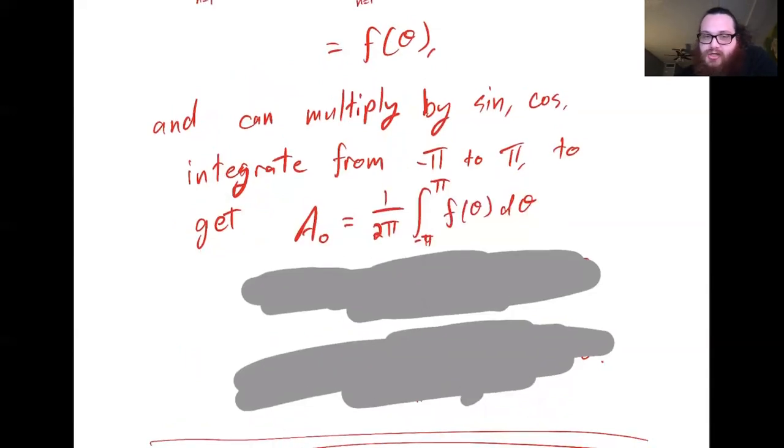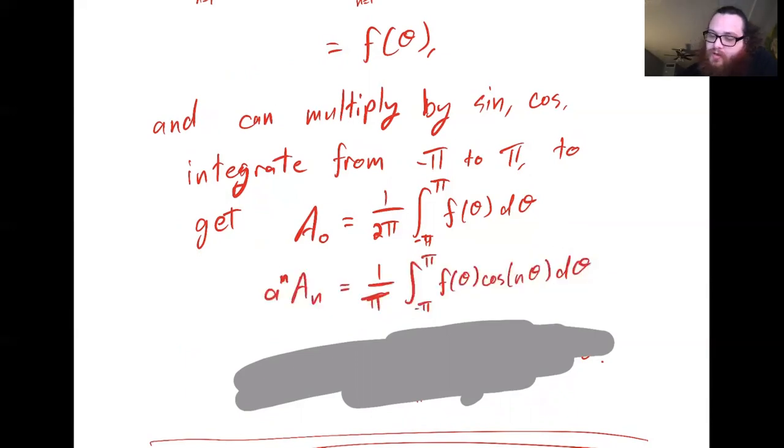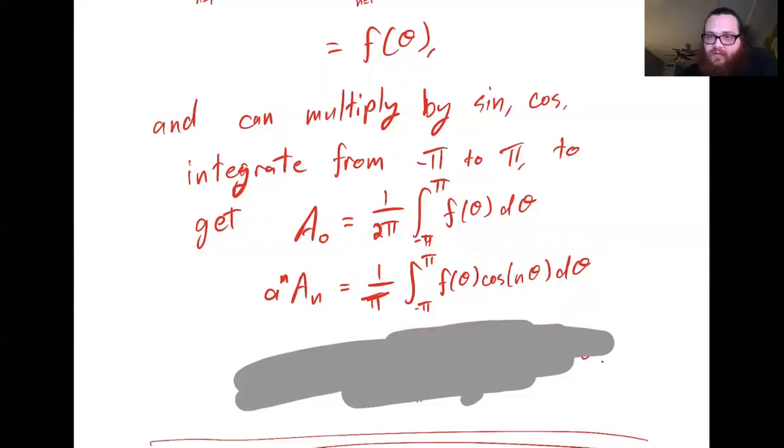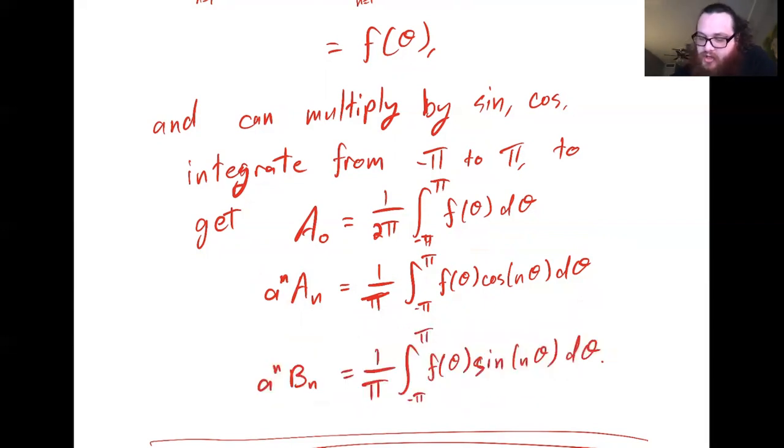Well, a sub 0 is just going to be 1 over 2 pi, integral of f of theta. A to the n times a sub n is going to be 1 over pi integral of f of theta cosine of n theta. And so if we want to figure out what a sub n is, here we just need to divide by a to the n. And then finally, for the sine coefficients, same thing, we have a to the n times b sub n. That's going to be 1 over pi times the integral of f of theta sine of n theta, d theta.